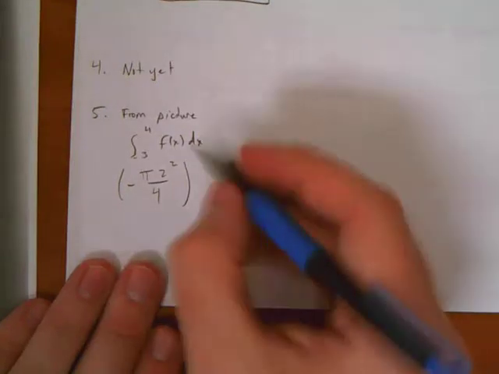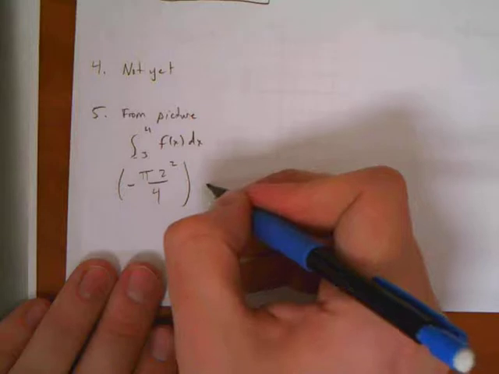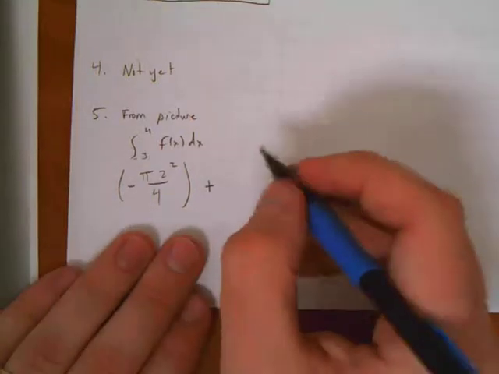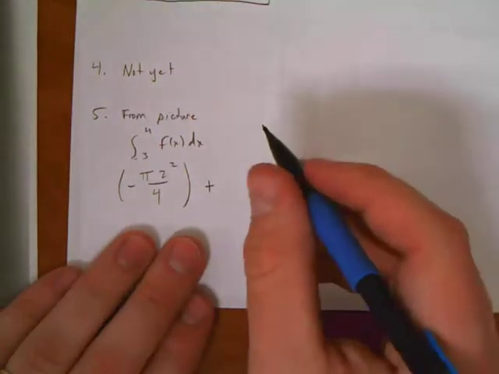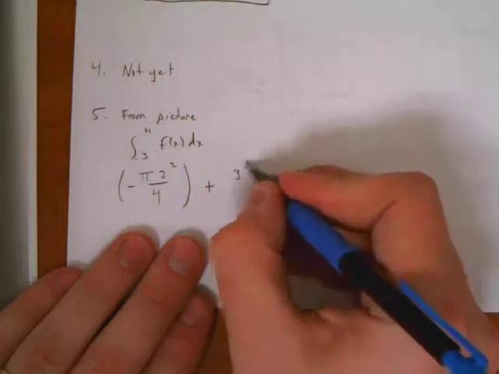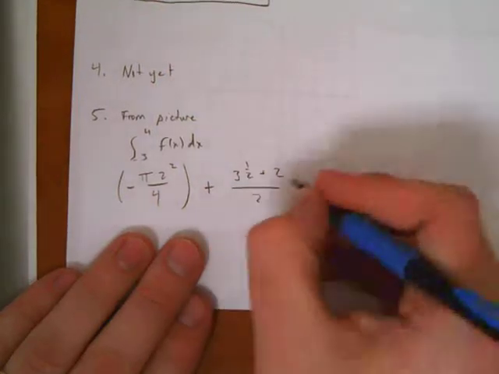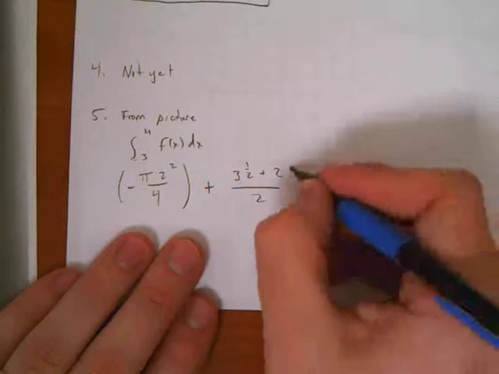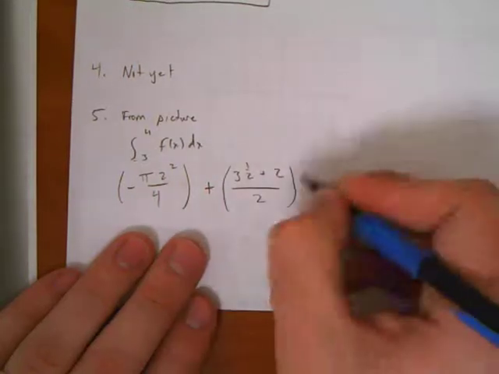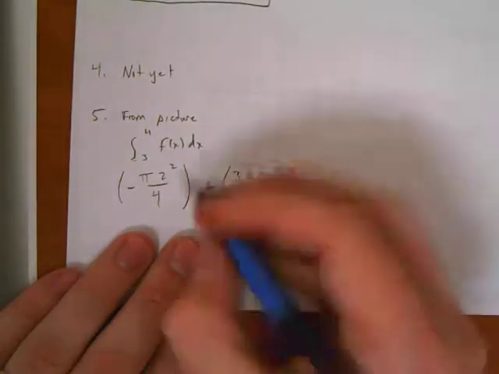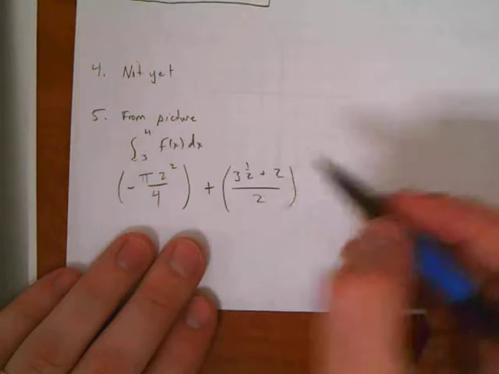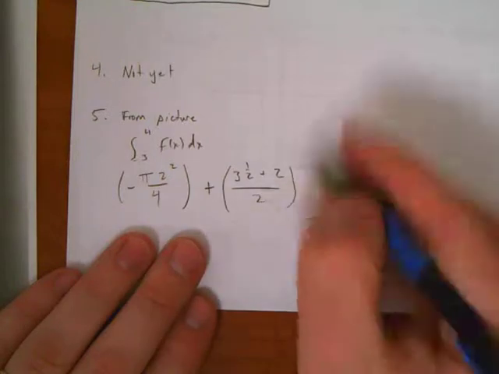The second shape is a trapezoid. And this next trapezoid is positive because it's above the x-axis, but it has bases of 3.5 plus 2, and it's got a height of 1. So I can multiply it by 1, but I'll leave it at that. So I have this circle that's underneath the axis, this trapezoid that's above the axis.